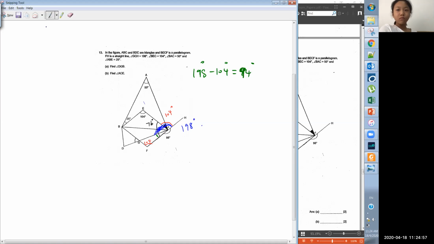And then the outside one, which is here, is 98. So the green one is actually what? Should be 360 minus 198 minus 98. So that will give you the green one. Okay, so can you find out what is the green one? Tell me out.